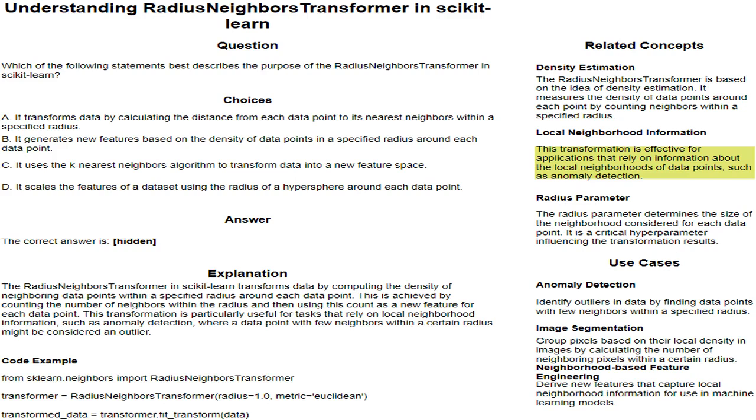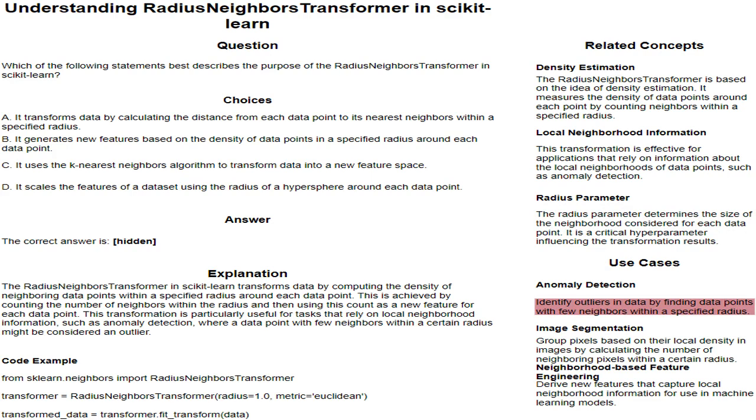This transformation is effective for applications that rely on information about the local neighborhoods of data points, such as anomaly detection. The radius parameter determines the size of the neighborhood considered for each data point. It is a critical hyperparameter influencing the transformation results.